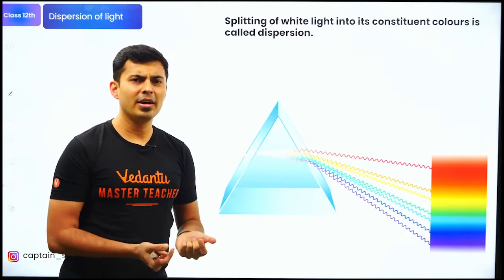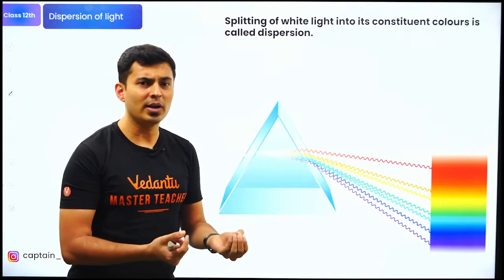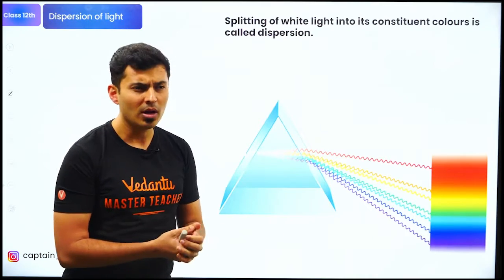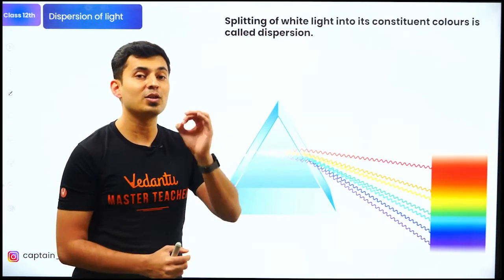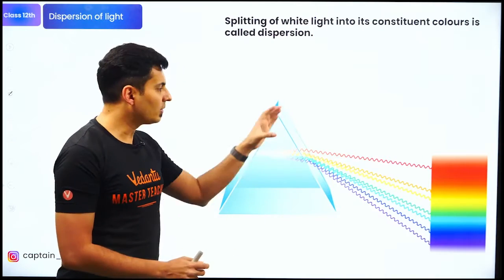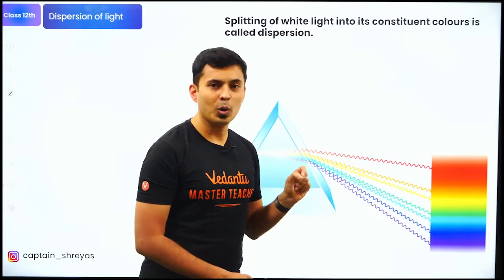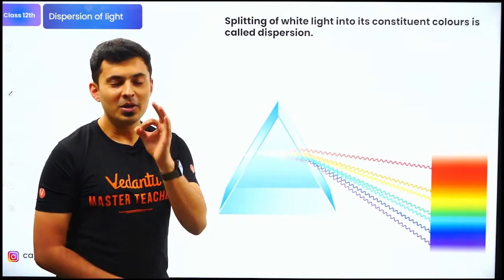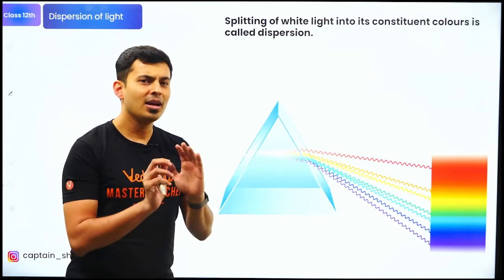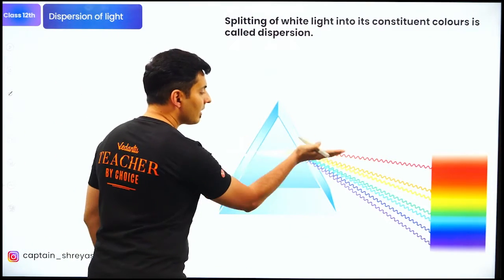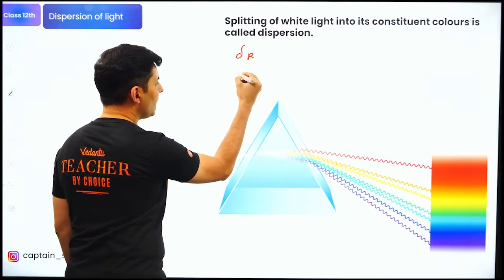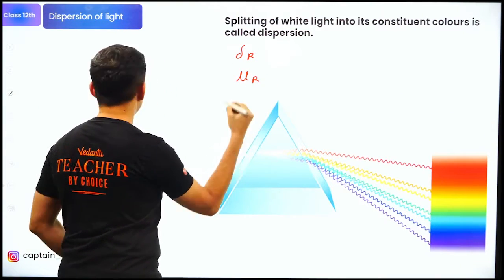You might often wonder, what is that value of refractive index which is generally given to you? Like refractive index of glass is 1.5. That is the refractive index of the average color. In the case of the visible spectrum, it is the yellow color. So usually they give you the refractive index of yellow color unless specified otherwise. Like you can see over here, the red light deviates the least, so the refractive index is also the least.